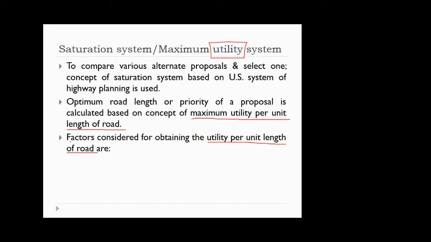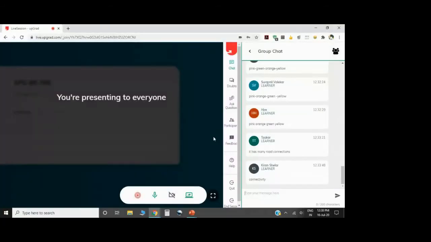So I would like to know what the factors are. For hint purposes, I will let you know that there are only two factors which are affecting this value of utility per unit length, and I would like to know from you what the two factors are. You can write in the chat box.